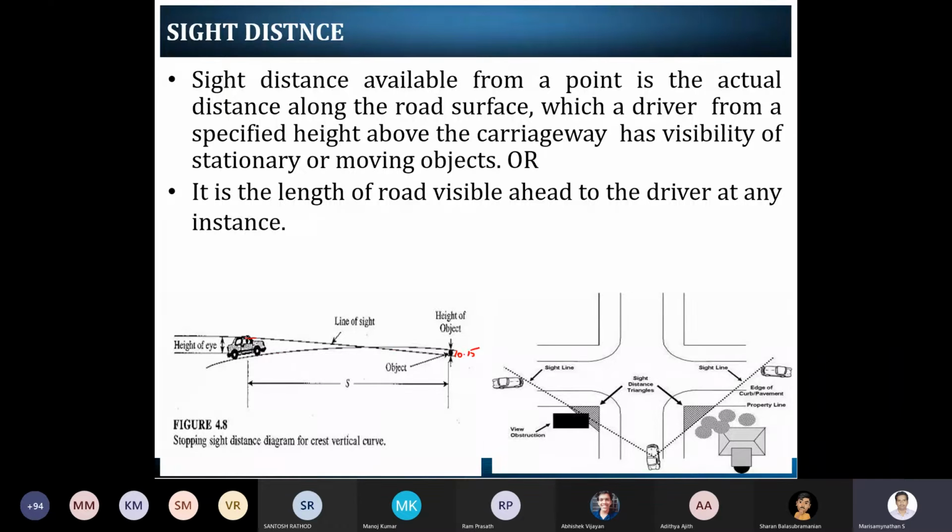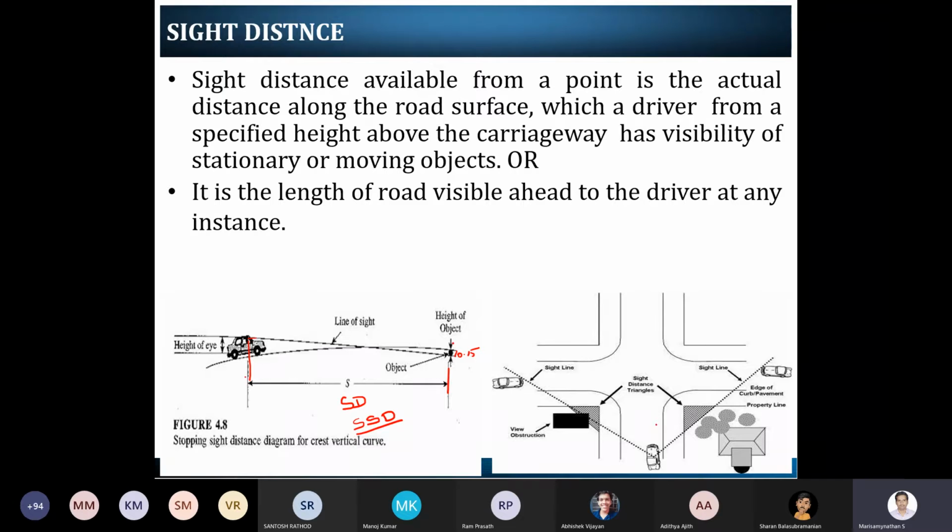At which point he is first seeing that particular object, from this point to the object, this distance is considered as sight distance. And when he tries to stop, and if it is stopping safely, then that is considered as the safe sight distance or the stopping distance. Okay, so that is the way we explain it.